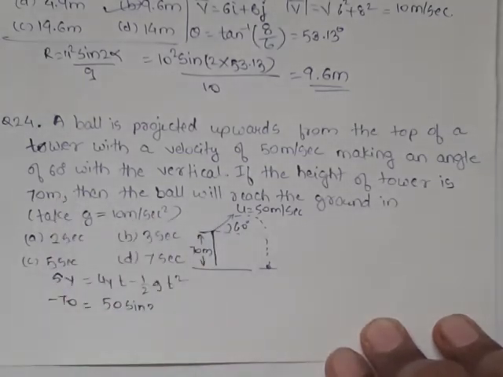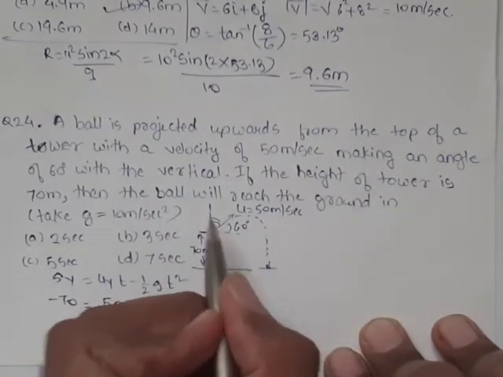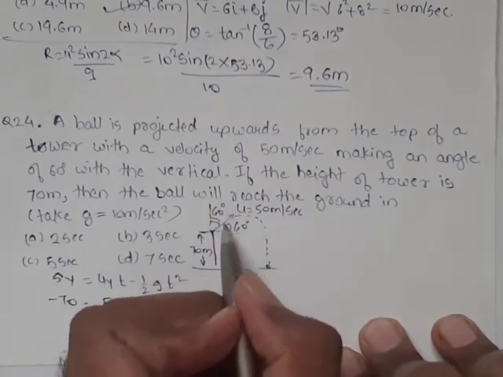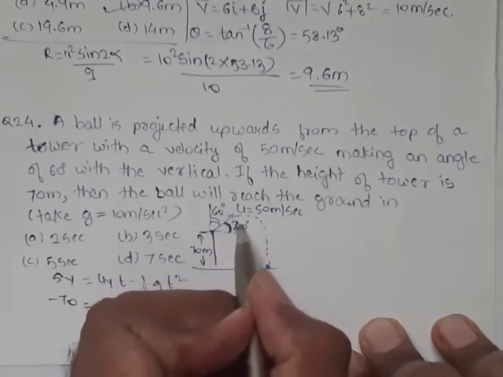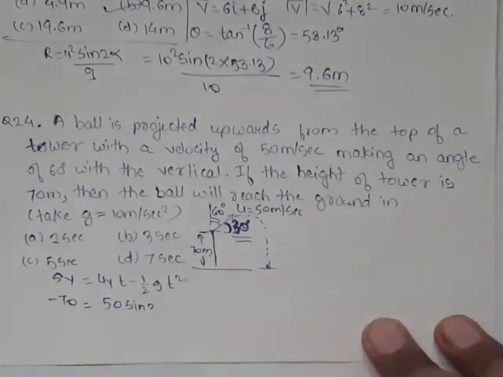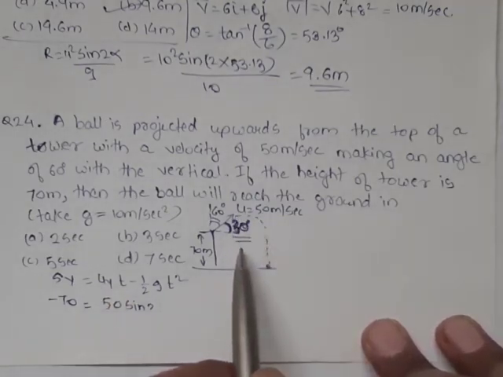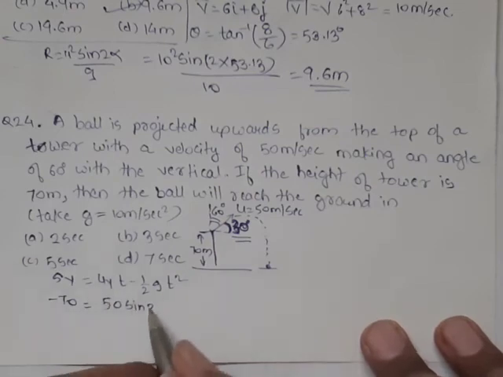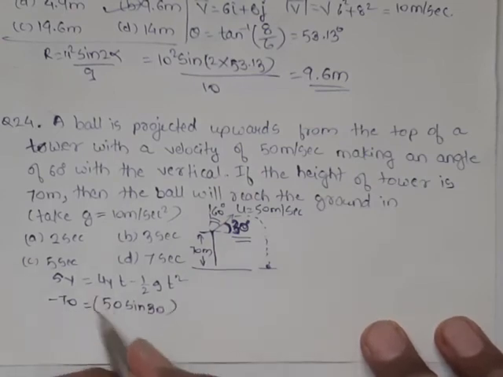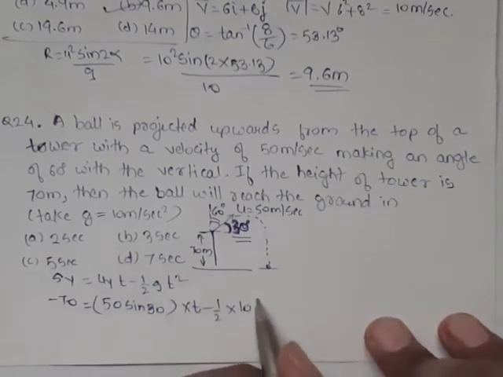Here 60 degree is the angle made with the vertical, and the angle made with the horizontal will be 30 degree. So we have to remember this part. In the question, the angle is made with the vertical, and for solving our numericals we require the angle made by velocity with the horizontal. So 30 degree has to be taken. So 50 sine 30 into t minus 1/2 into the value of g, taken as 10, into t square.